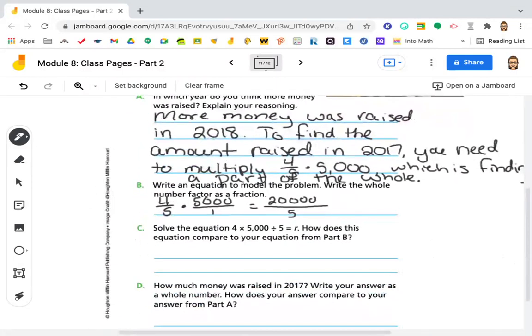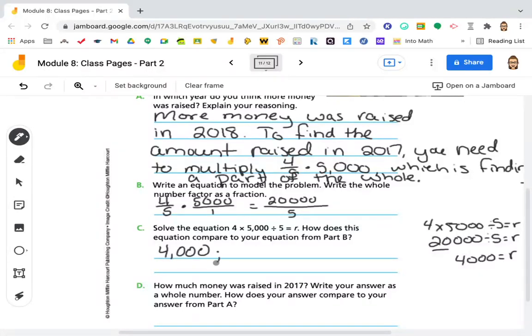How does this equation compare to your equation from part B? Well, if I do 4 times 5,000 divided by 5 equals r, I'd have 20,000 divided by 5 equals r. And 5 goes into 20 4 times with the 3 zeros is r. So we get 4,000.